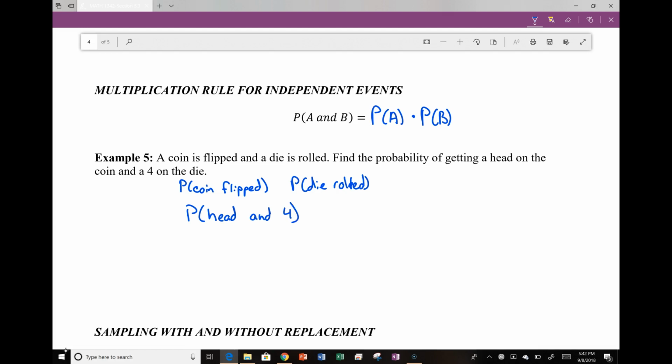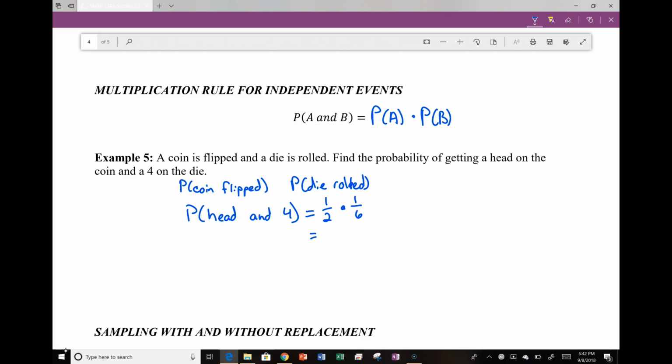Well, flipping a coin and rolling a die, they don't change each other. My probability for rolling the die is always going to be 1 out of 6. My probability for flipping a head is always going to be 1 out of 2. So I'm going to have 1/2 for the probability of the head times 1/6 for the probability of the die.